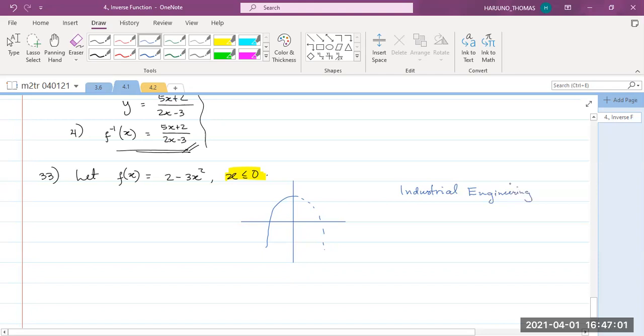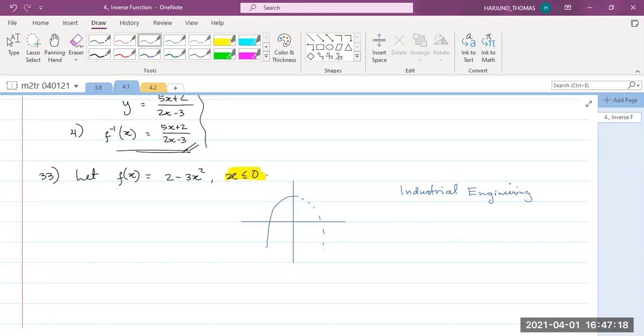Now, industrial engineering, some little history or background. Industrial engineering was originally very well developed in Europe and used a lot in oil exploration in the Middle East.